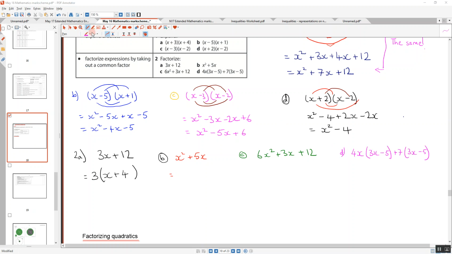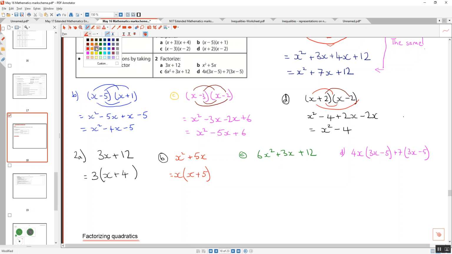Other ones. So for x squared plus 5x, what is the common factor of both x squared and 5x? Eliza? X. x goes into x squared x number of times, and x goes into 5x 5 times. Okay, x times x is x squared, x times 5 is 5x.